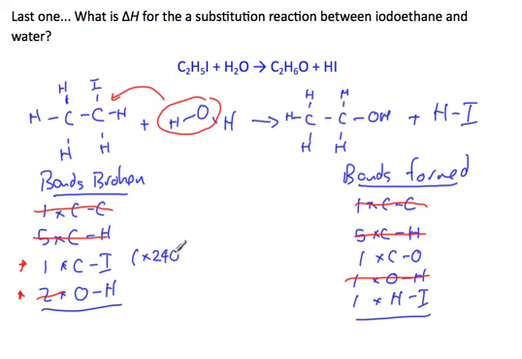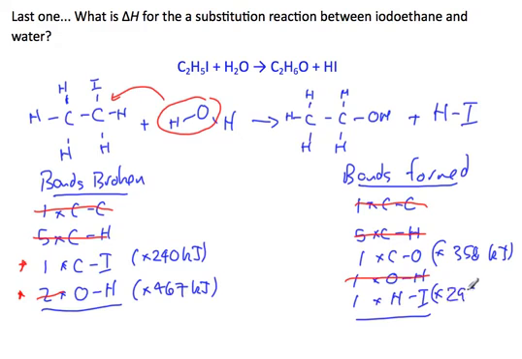That's 240 kilojoules. And this one is 467 kilojoules. And my carbon-oxygen bond is 358 kilojoules. And my hydrogen-iodine bond is 295 kilojoules.